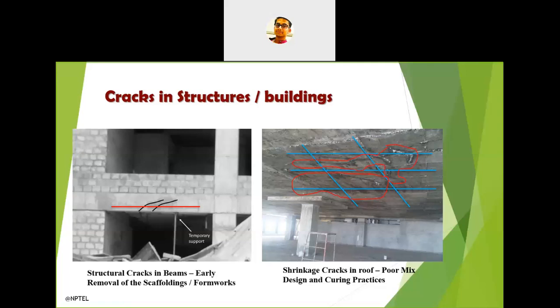As I told, if any construction site uses fine aggregate which is rich in chloride content, then obviously within some 6 years you will see some corrosion. And some of the practices like those in the slides I'm showing you now may also be reasons that induce corrosion in any concrete system.